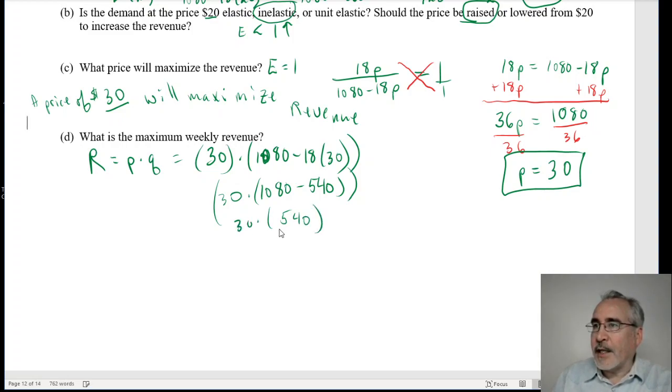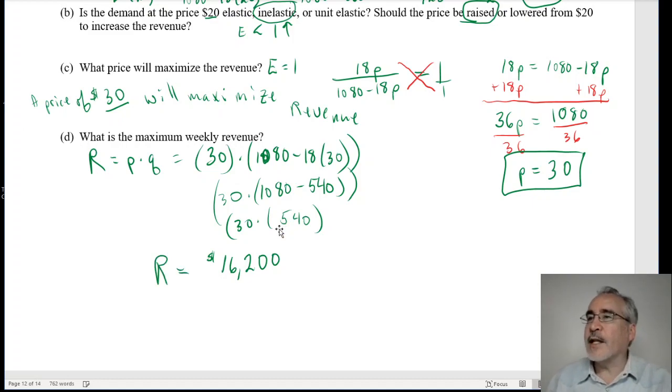And then we multiply that times 30. We've got the zero, so that's going to go on the end. 3 times 54: 3 times 4 is 12, carry the 1, 3 times 5 is 15, plus 1 is 16. So $16,200. Not bad for a week's revenue.